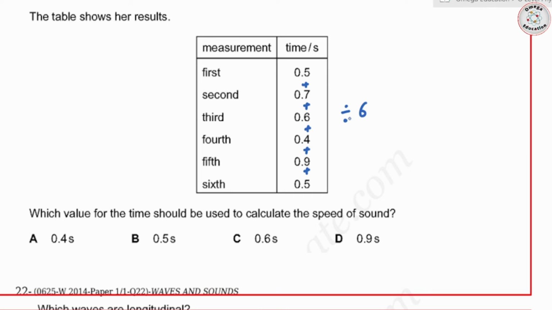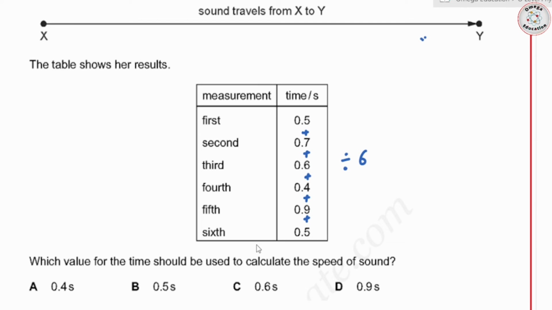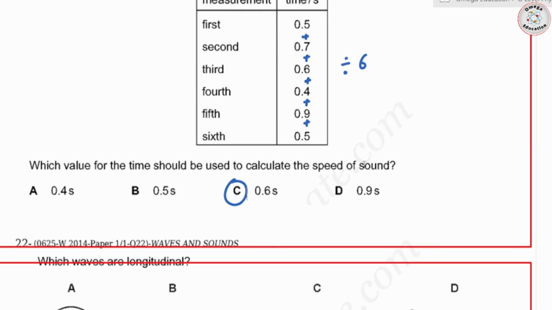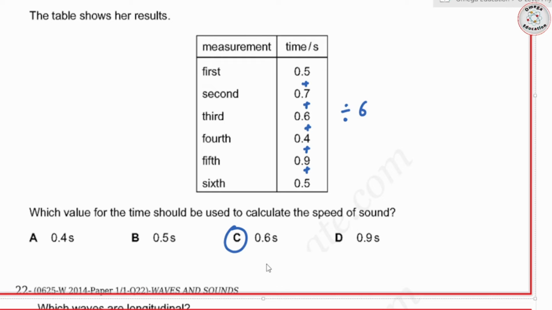Let me know what we get after adding all of them and dividing by 6. It should be 0.6. All right, so that should be it. Once you add all of them and divide by 6, this is what you should be getting. All right, anyway, moving on to the next one.